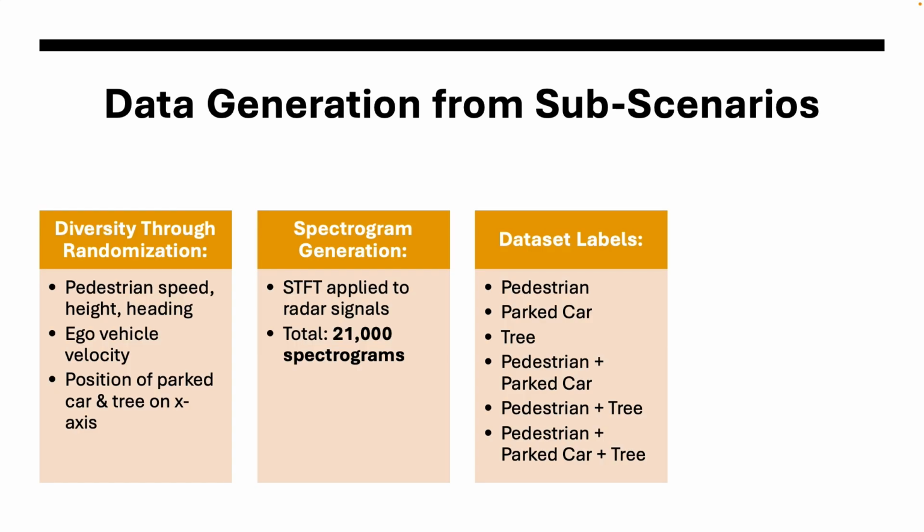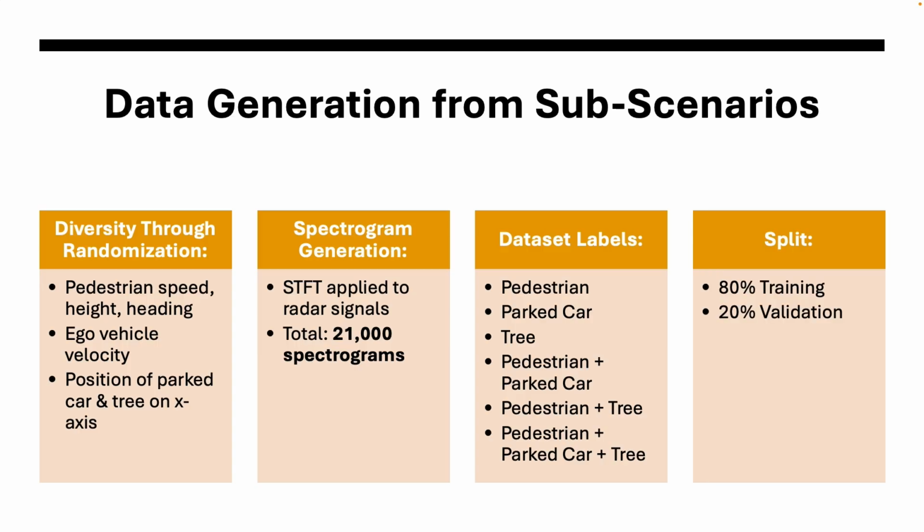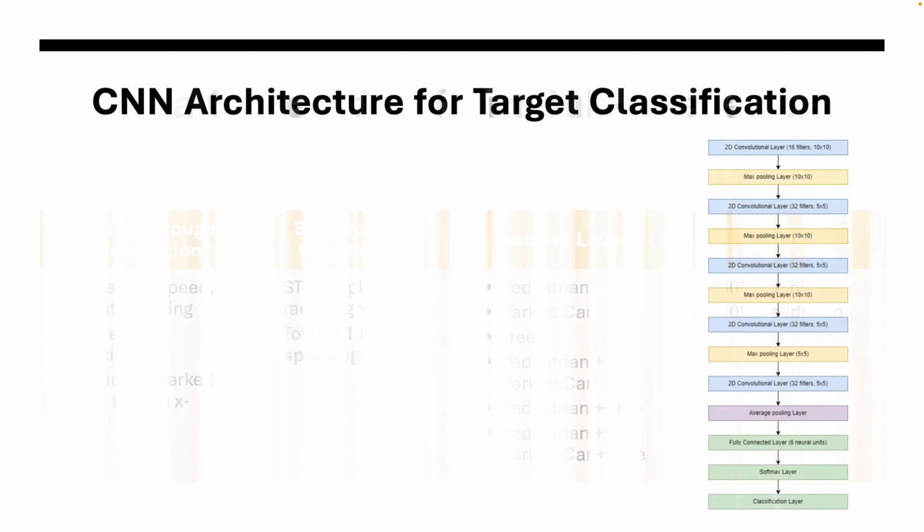We generated 21,000 labeled data across 6 distinct sub-scenario categories, with each class equally represented to ensure balanced training. The data set was then split 80% for training and 20% for validation across all categories.